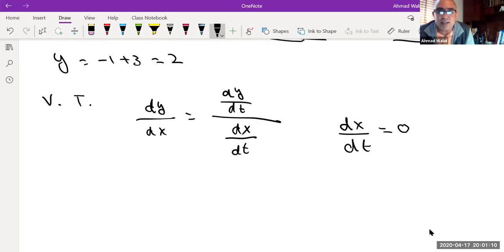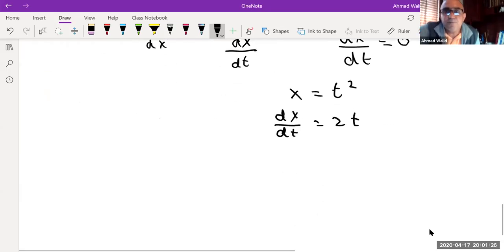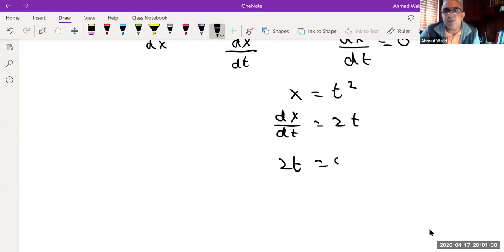Then let's do it. I have x equals t squared, right? Then dx/dt equals 2t. Let's put this one equal to 0. From here, I can say 2t equals 0. It means t equals 0.